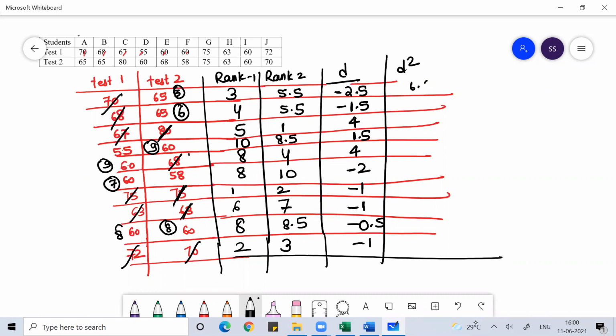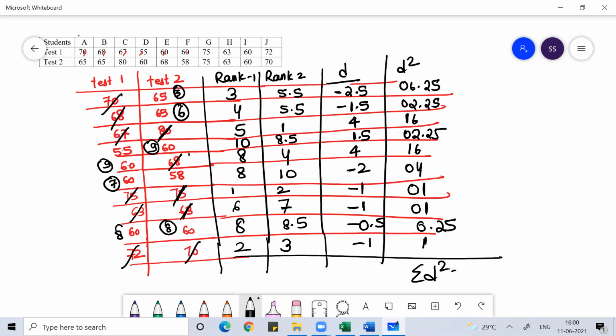D square: 6.25, 2.25, 16, 2.25, 16, 4, 0.25, 1.